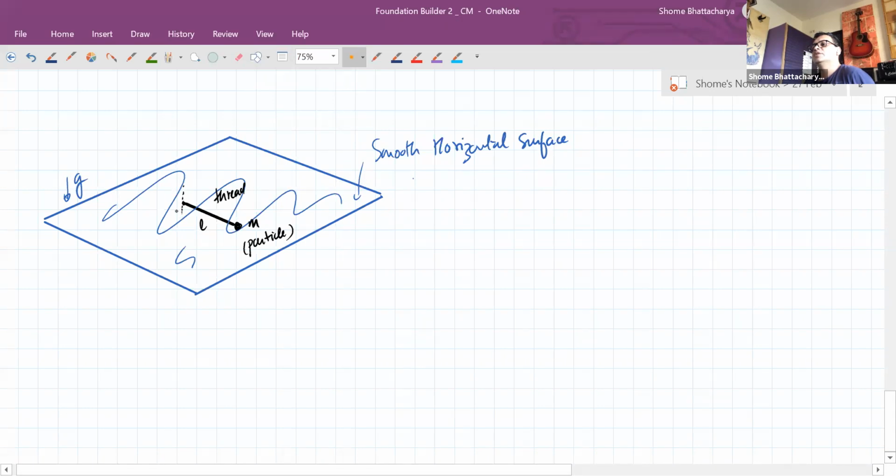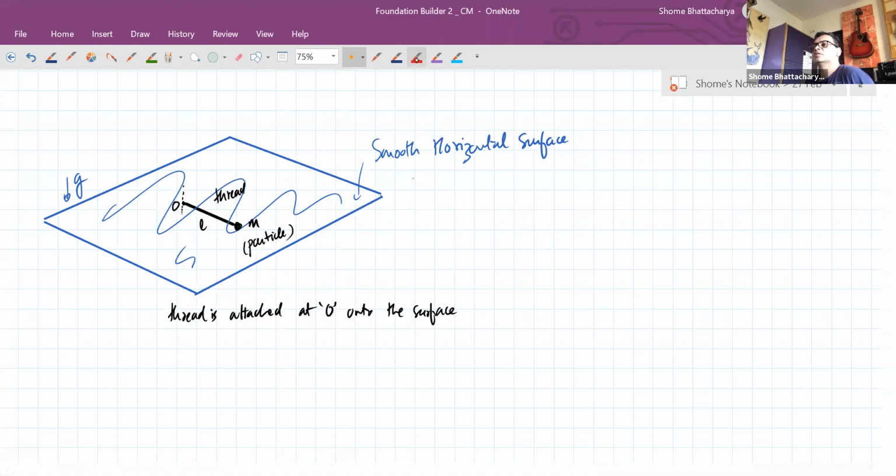It's attached onto the surface at the point O, such that the particle can move in such a way that that point on the thread will remain fixed. So now we are giving the particle an initial velocity like this, perpendicular to the thread.